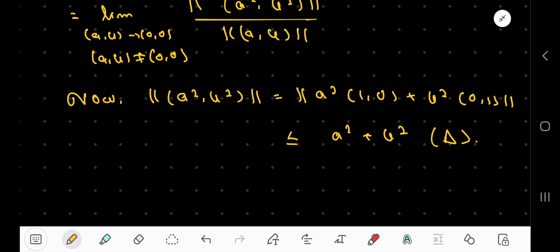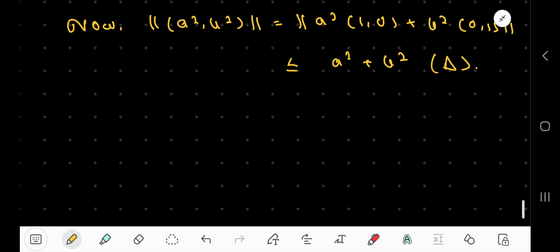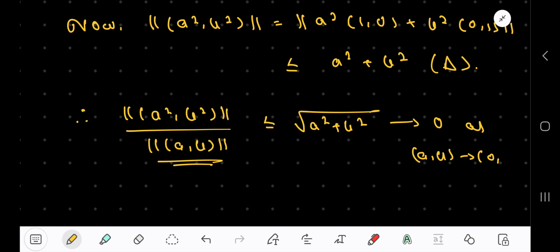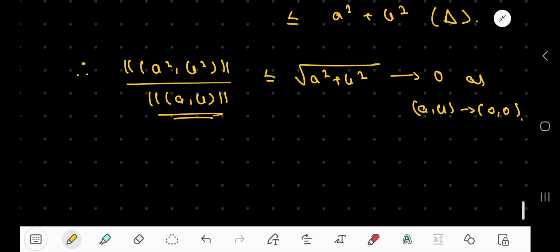These are the standard basis vectors, right. Therefore this quotient, a squared plus b squared upon the norm of (a,b), now the bottom will be evaluated to root of a squared plus b squared, and above we have a squared plus b squared. So this is less than or equal to root of a squared plus b squared, which goes to 0 as (a,b) tends to 0, right. Therefore we are done.